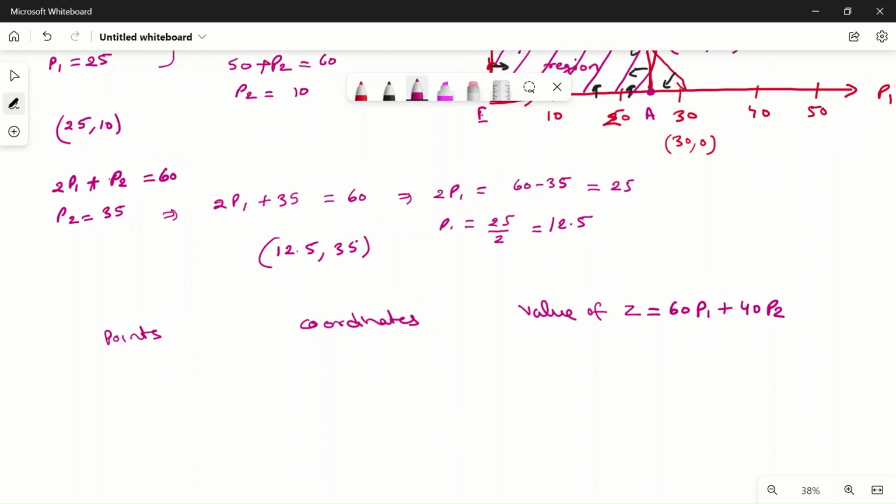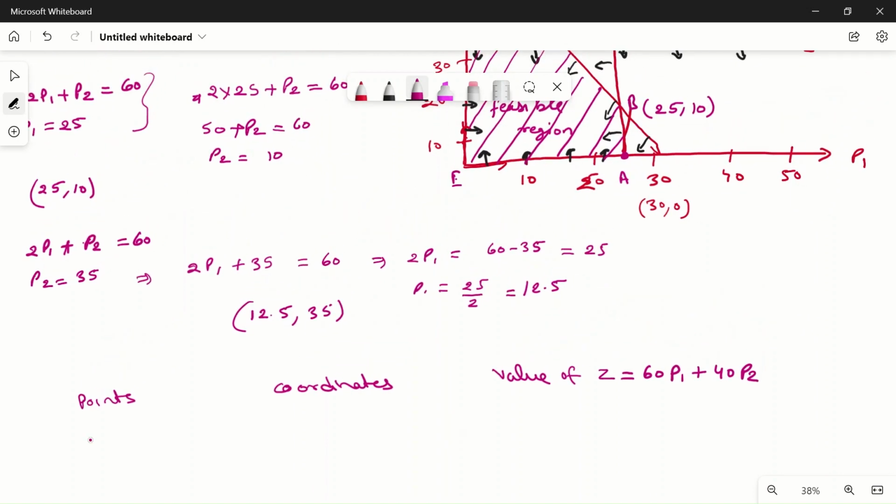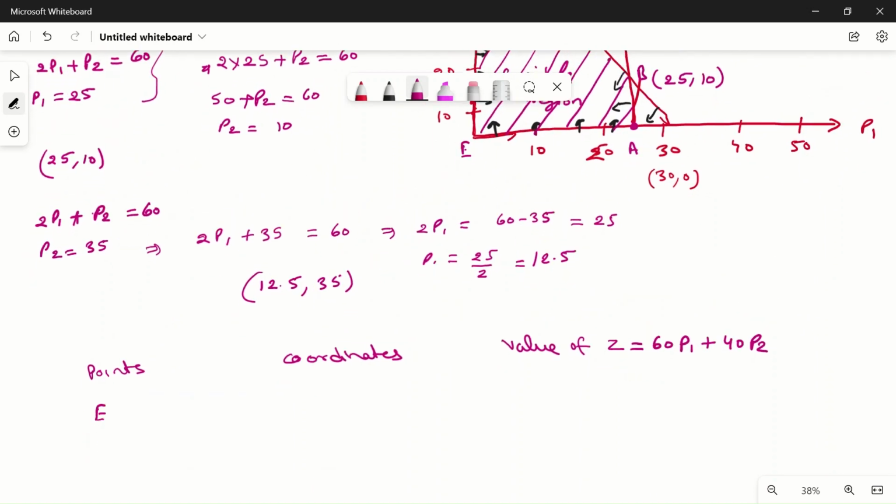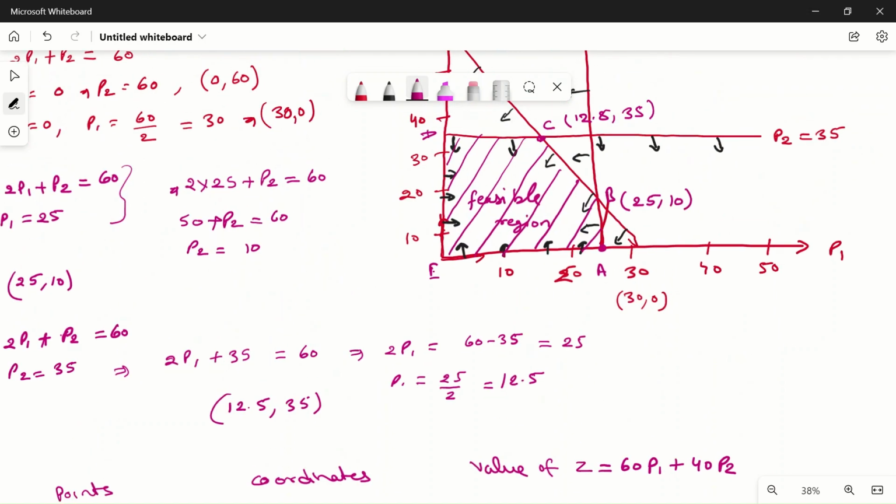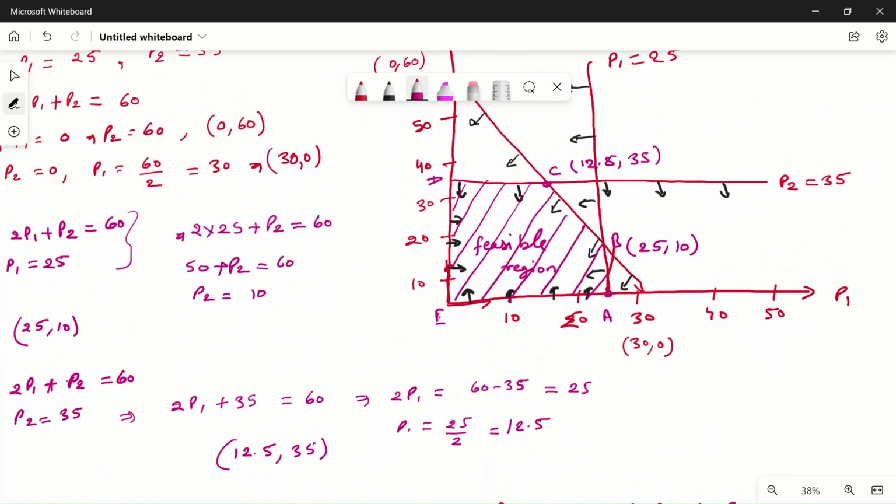From here you can see the points are A, B, C and D.